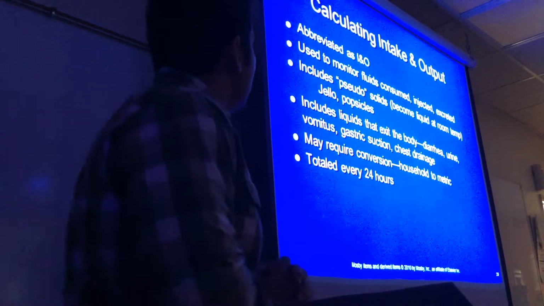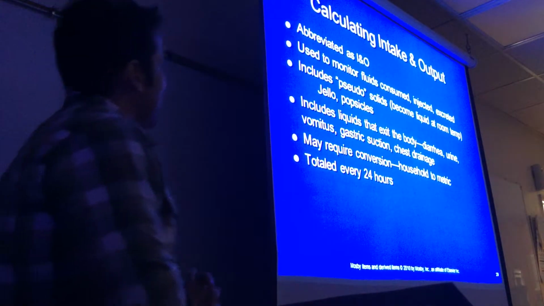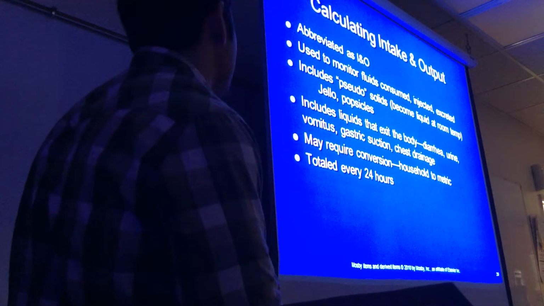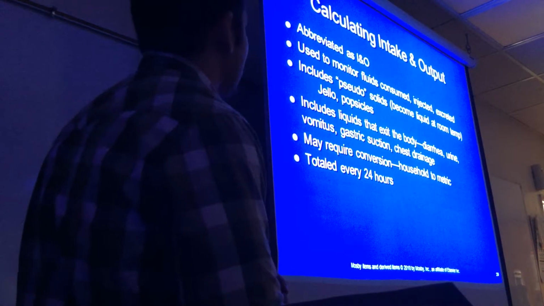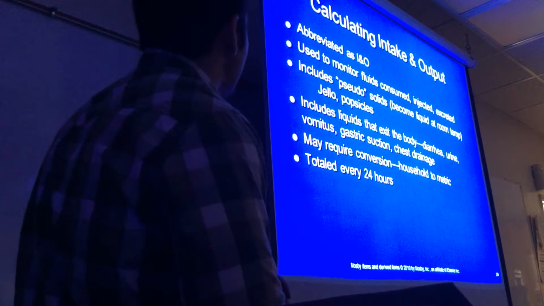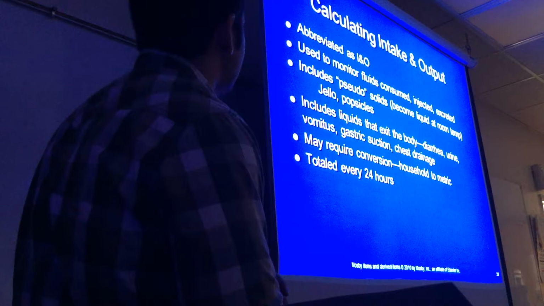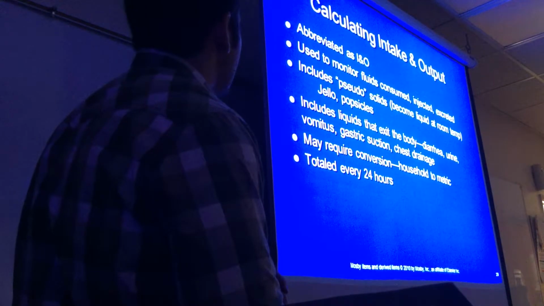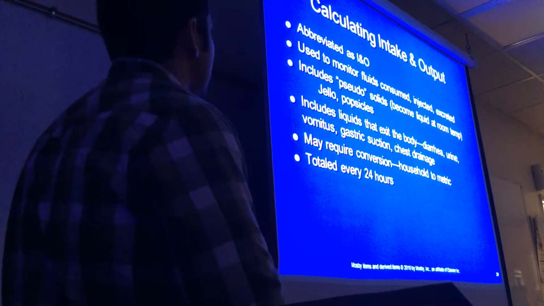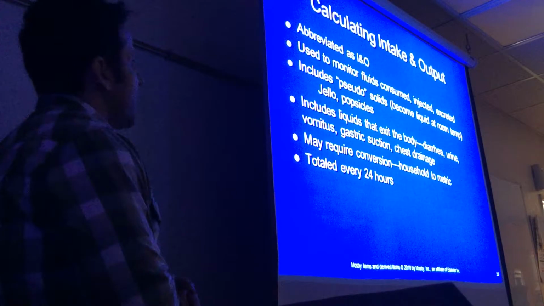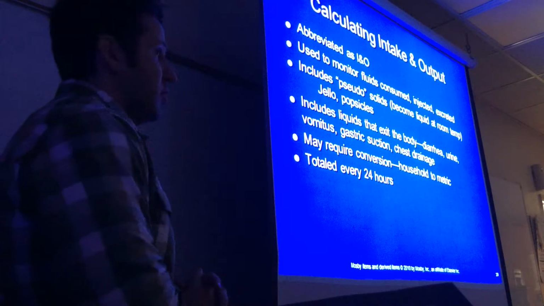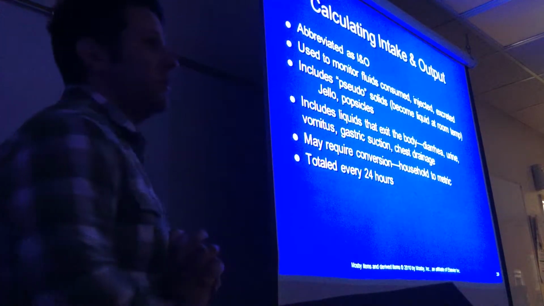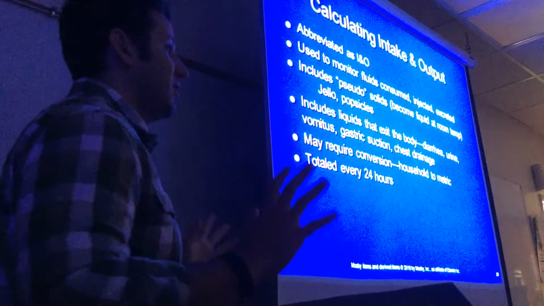So, it includes, this is the best part, liquids that exit the body: diarrhea, urine, vomitus, or emesis, gastric suction, and chest drainage. Okay. So yes, we do use that. There are some other unmeasurable losses that we can't measure. Does anybody know what that is?